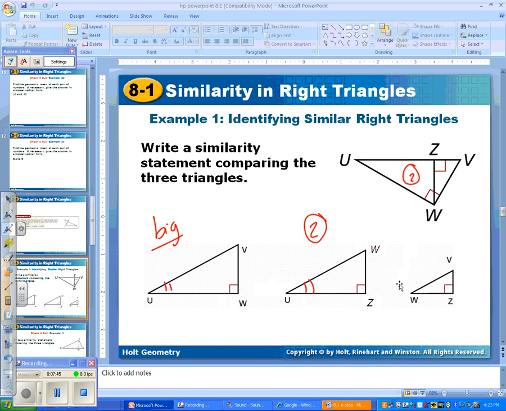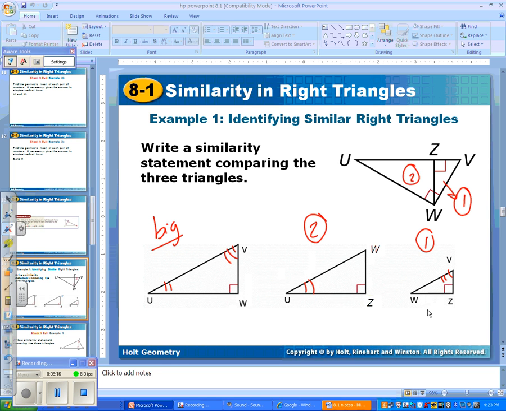And then this one is a smaller triangle, so I'll call this one number 1. And there's WZV, and this one has angle Z as the right angle, and angle V is similar to this one. So these 2 triangles are similar by angle.